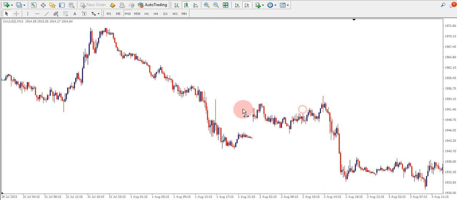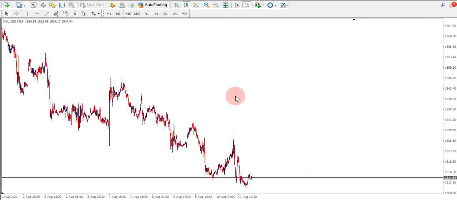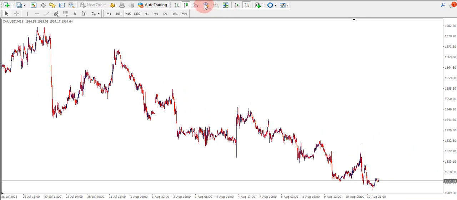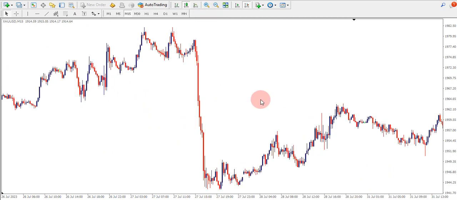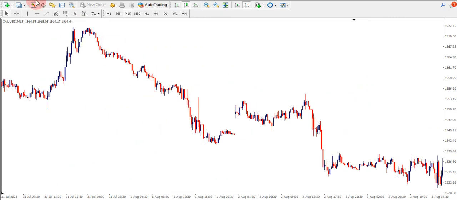Let's check on gold. Okay, we've got something here. Alright, so in this instance we've got this resistance level, I mean this support level.